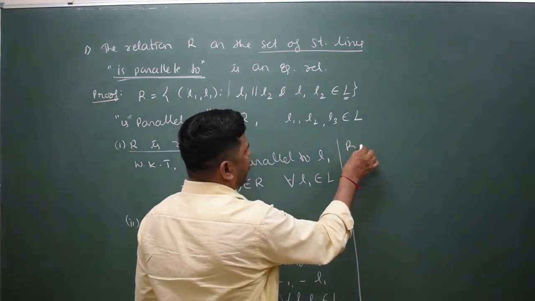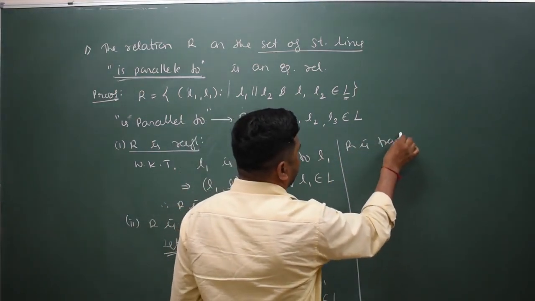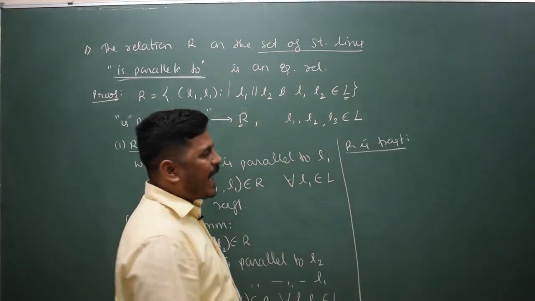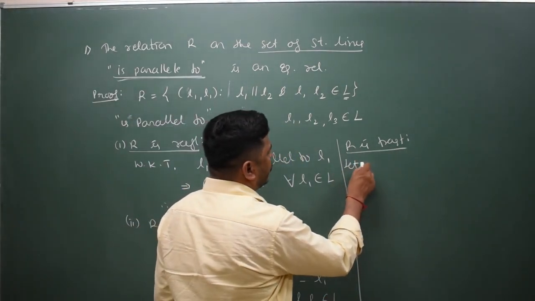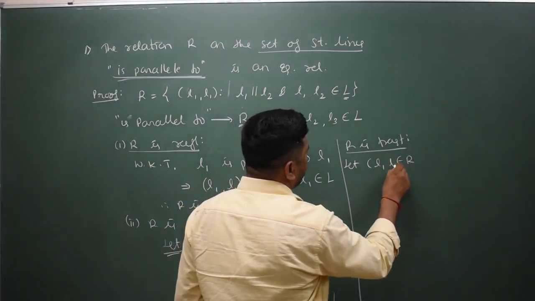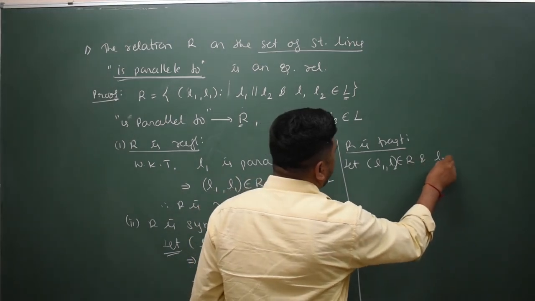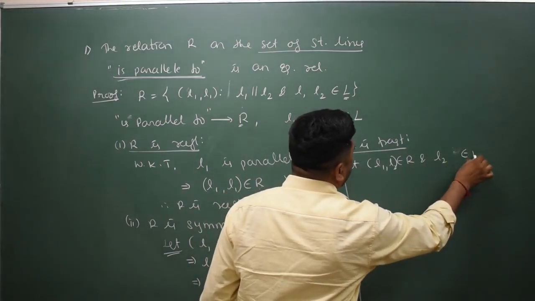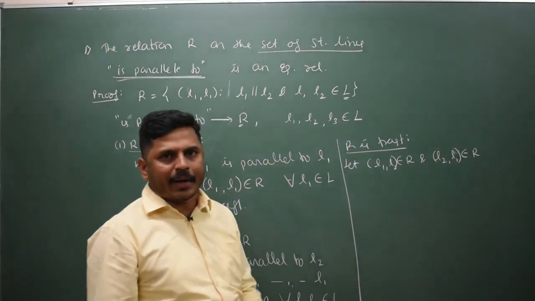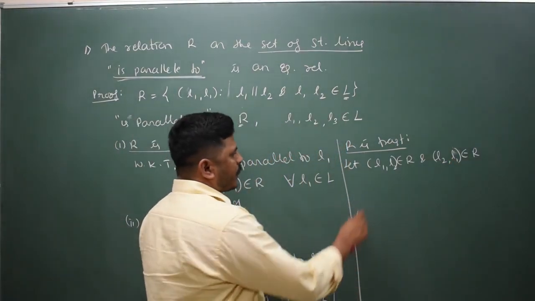Similarly, R is transitive. Transitive starts from: let two elements L1 is parallel to L2 and L2 is parallel to L3.